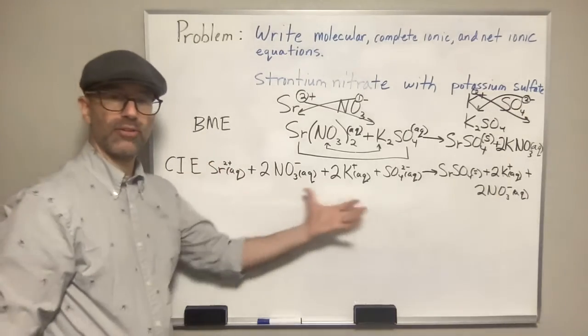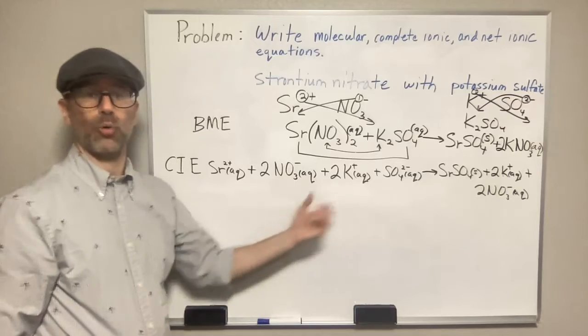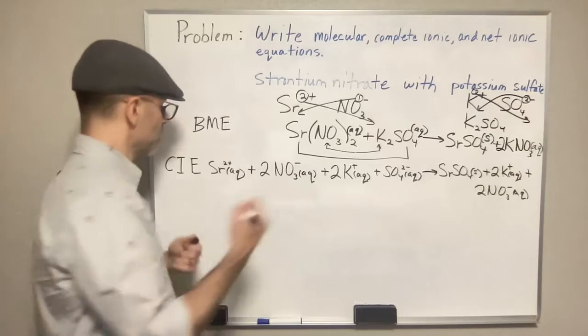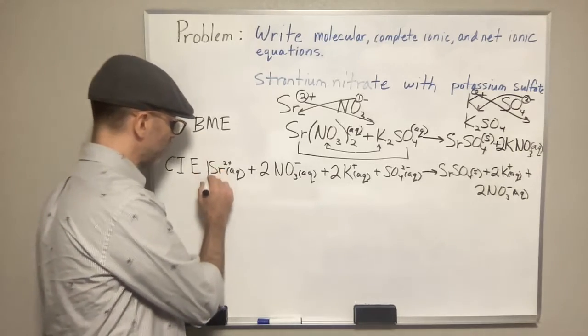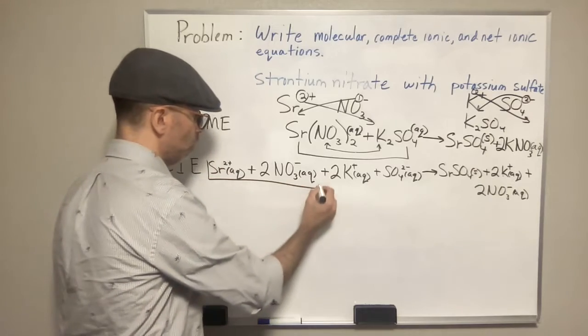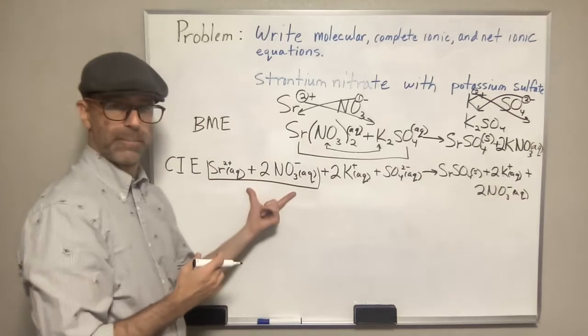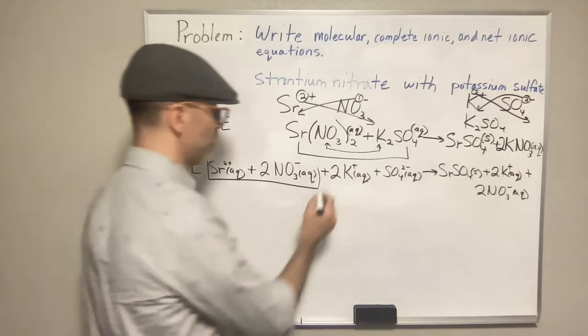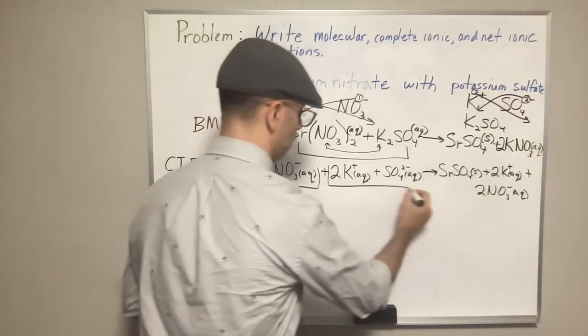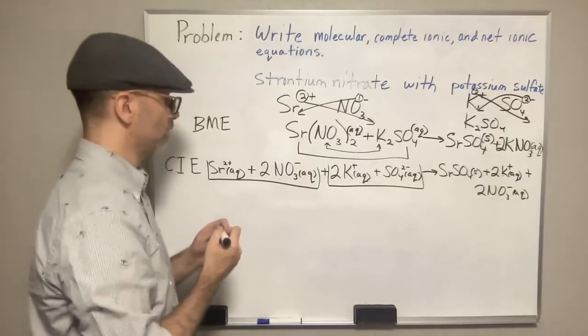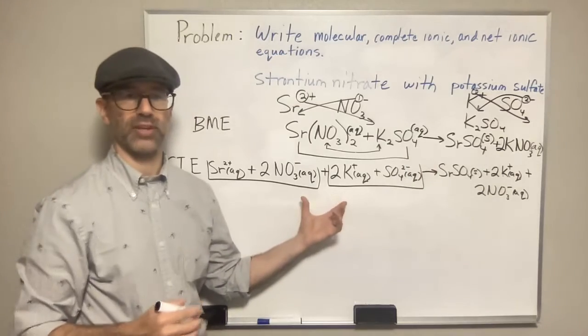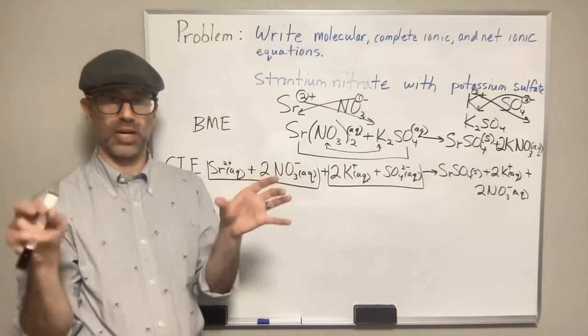And so here you can see everything is the way it is normally. This would be like if these two were separated in their beakers. This is in one beaker, and this is in another beaker. So before we mix these together, they're in their own beakers.